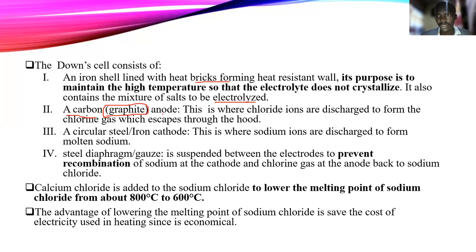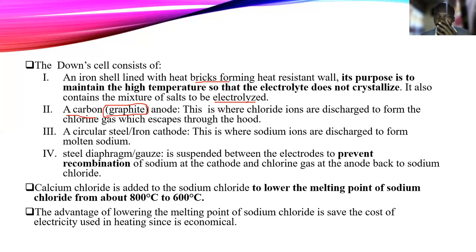I want you to take that into consideration. Somebody can ask you, why is the anode made of graphite? Or which material is the anode made up of? It is graphite. Then give a reason for your answer: because graphite is inert, therefore it does not react with the chlorine produced at the anode. Very important.